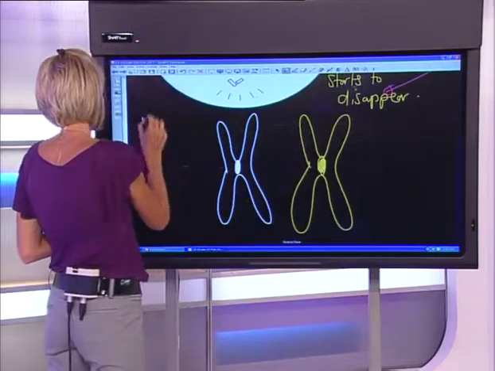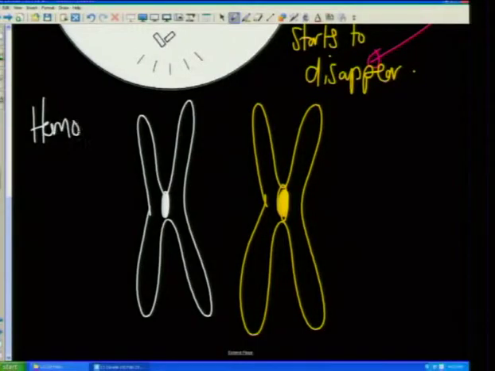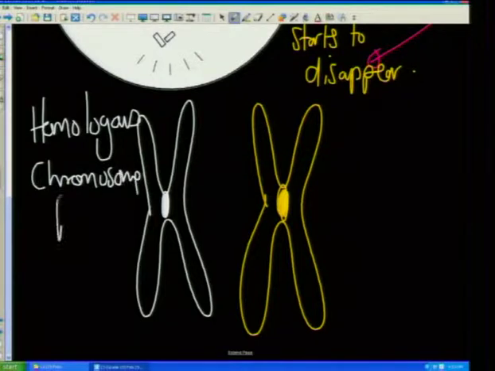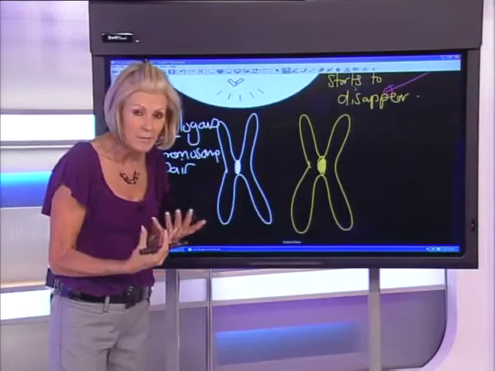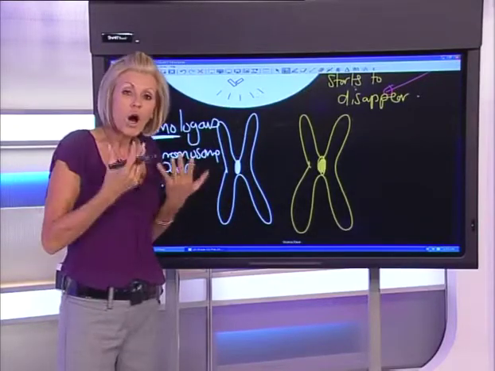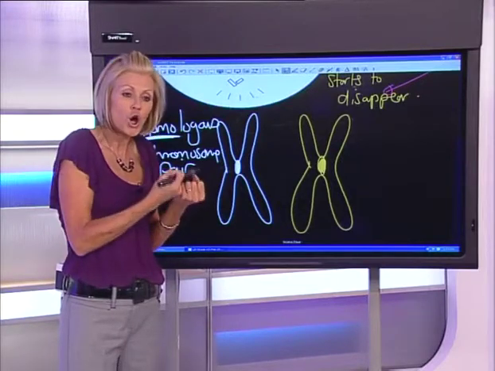And we say this pair is a homologous chromosome pair. Now the word homo means the same. Hetero means different. So homo is the same.